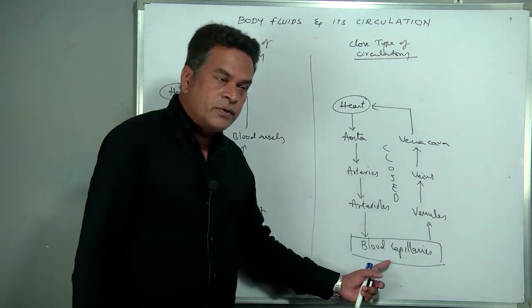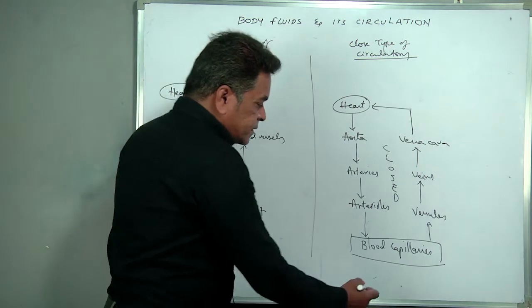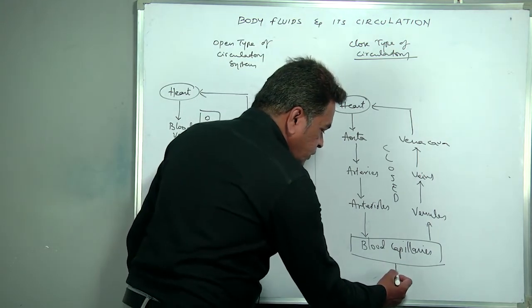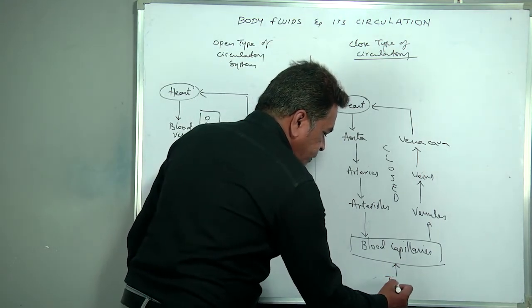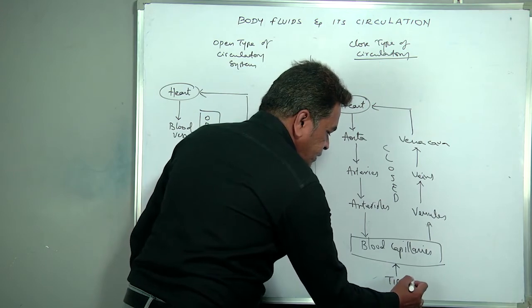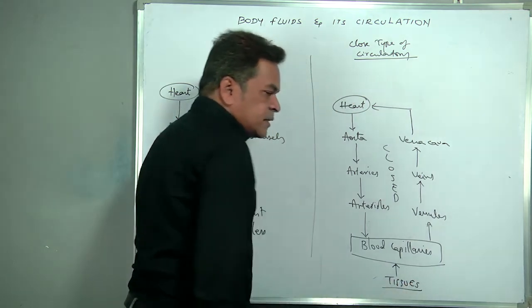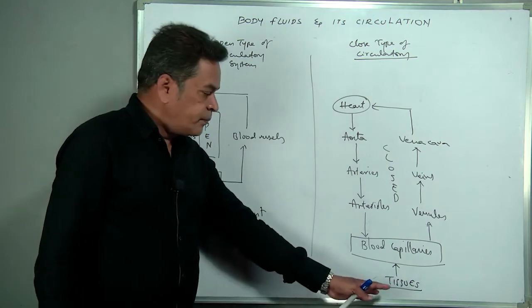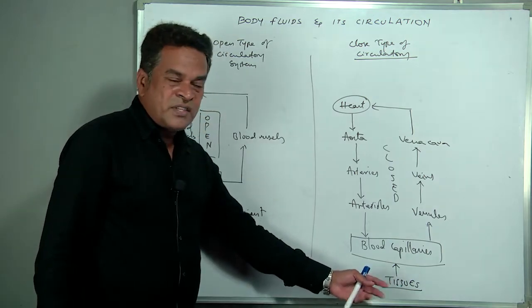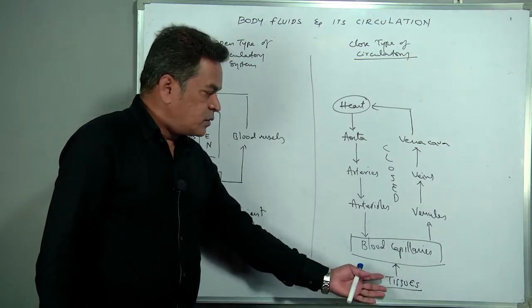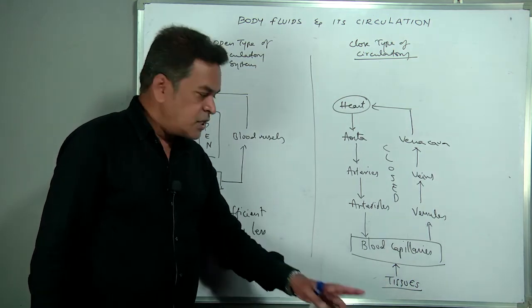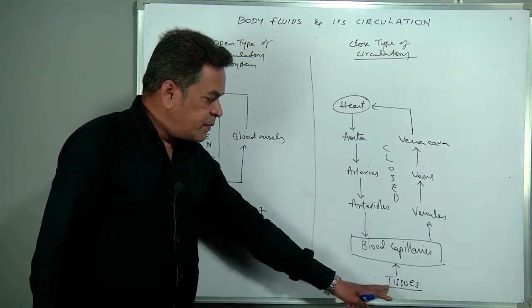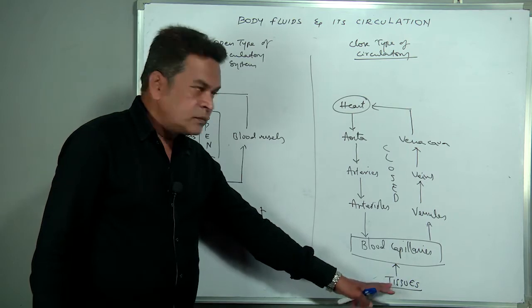Here exchange of materials takes place at this level, tissue with that of blood capillaries, such as respiratory gases, even nutrients, all the substances that are required by the tissues. The exchange takes place between the blood capillaries and the tissues.